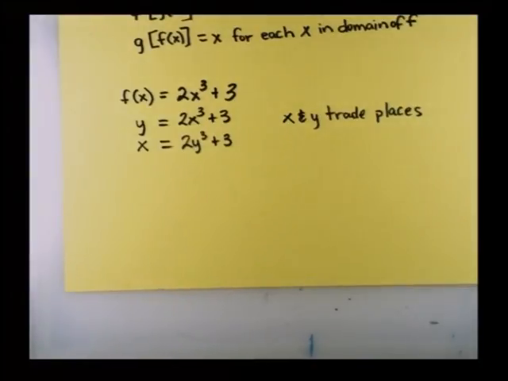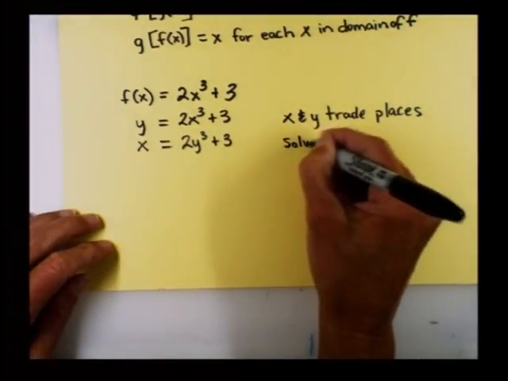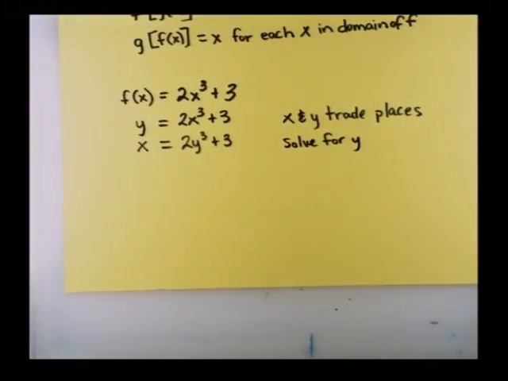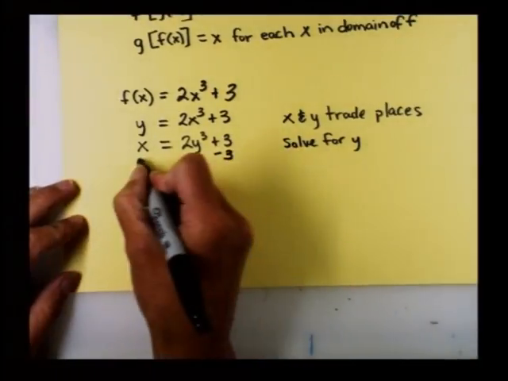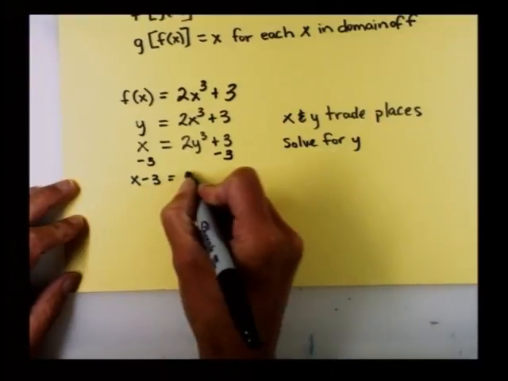And once x and y trade places, then I'm going to solve the equation for y. That means I'm going to get y by itself. So in essence, I'm going to undo everything that's going on over here with the y. And I'll go through and show each step along the way.